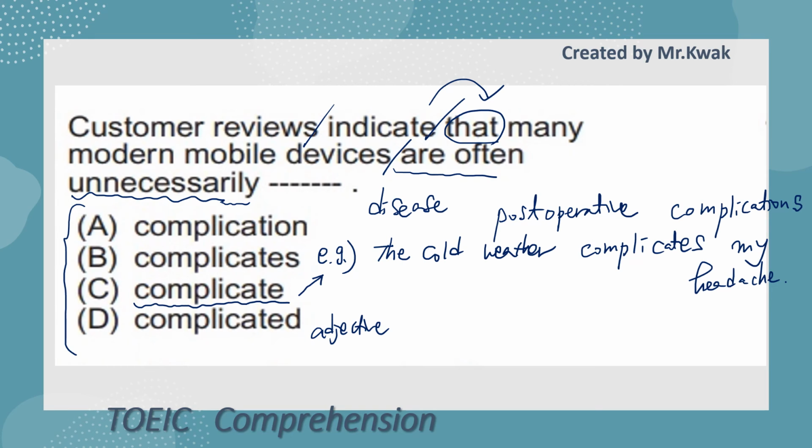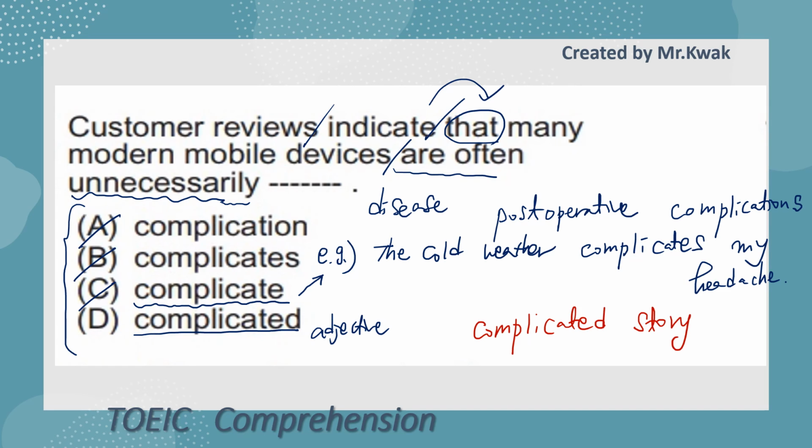Sometimes C could be an adjective, however it's not suitable in this situation, so C is also incorrect. That's why we use D. Let's think about a few different examples using complicated, for example, a complicated story.